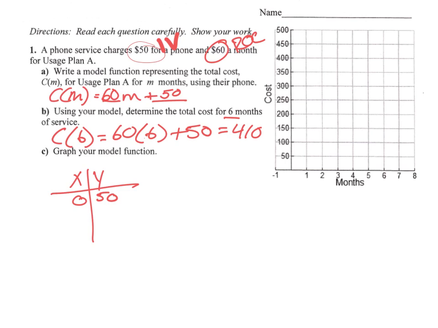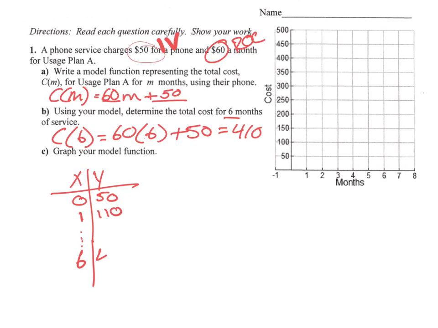After 1 month of service, how much did I pay? 110. Now, I'm not going to do 2, 3, 4, 5, but at 6 months, how much did I pay?